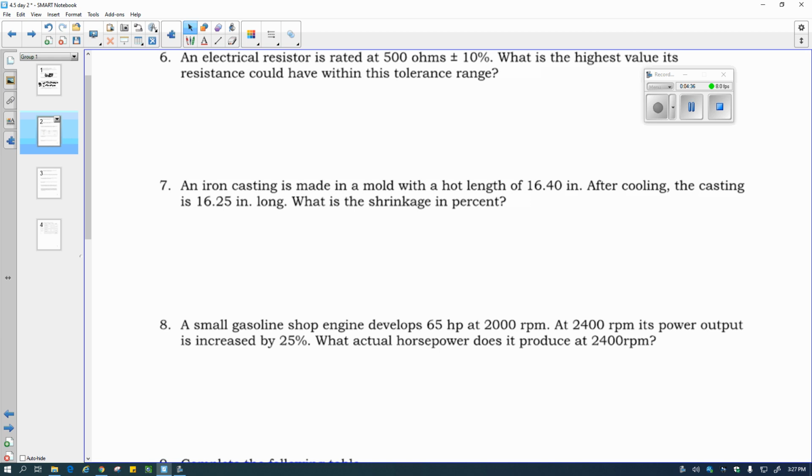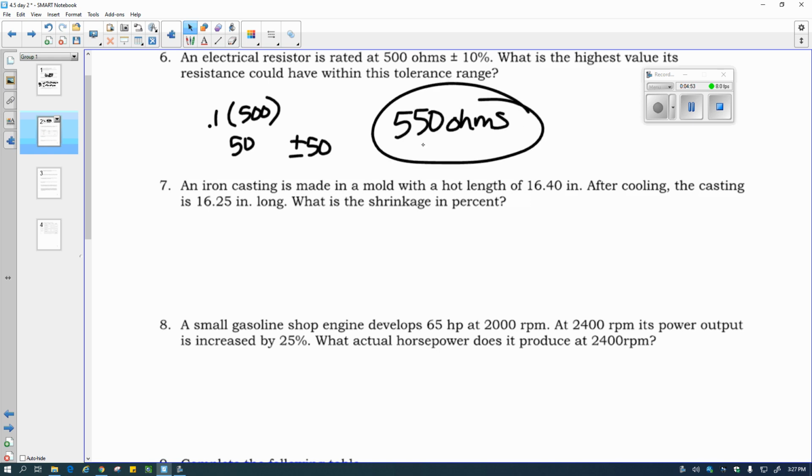So I'm going to do the same thing. 0.1 times the 500 would give me 50. So my tolerance is plus or minus 50. So the high end would be when I add it, so it'd be 550 ohms. Final answer on that one.